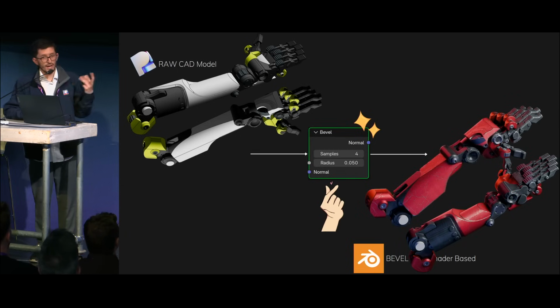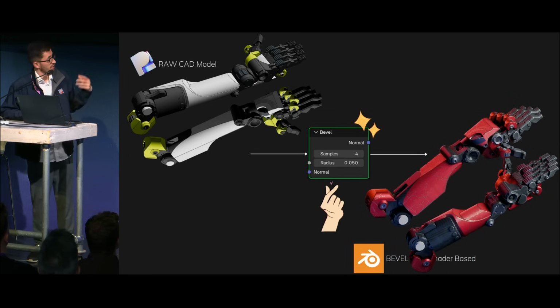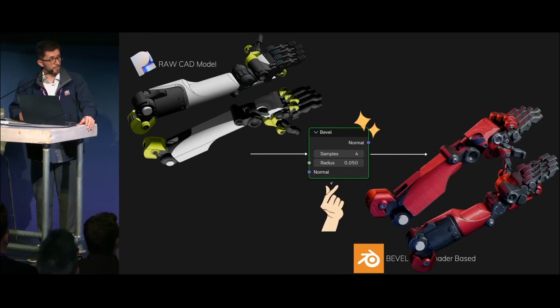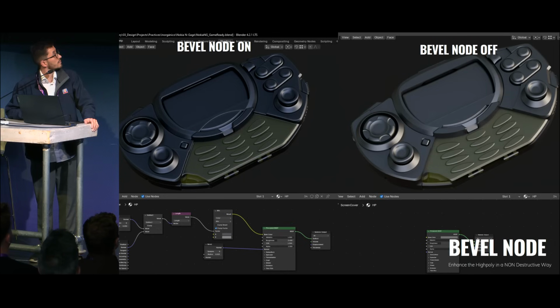For example, in the hands of the girl, I created the mechanism and the prosthetics inside Plasticity. And then with the bevel node, I start creating the edges and some damage there. But still, everything is high poly. You are texturing in a procedural way.